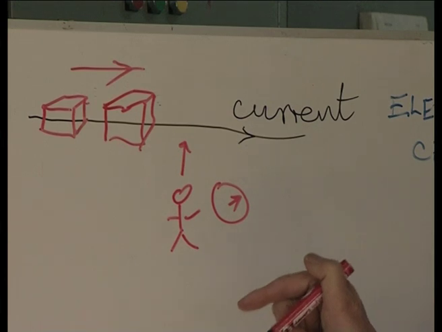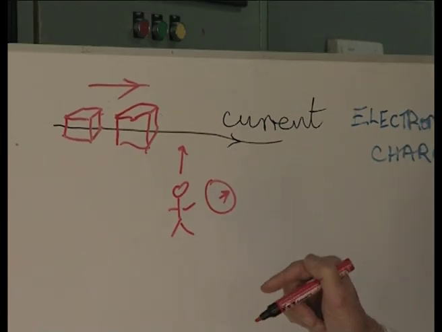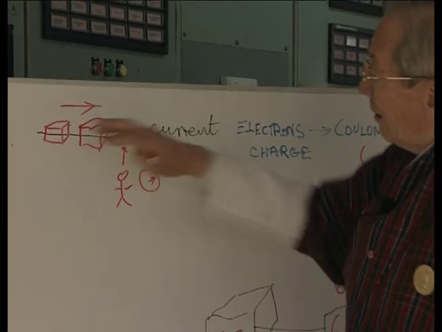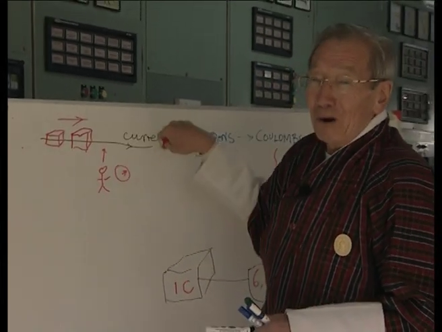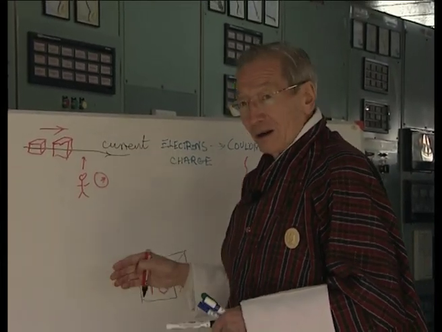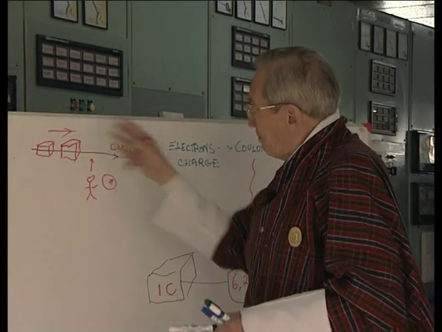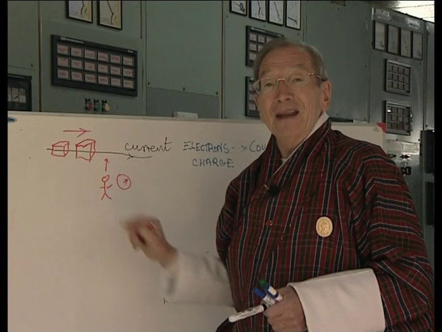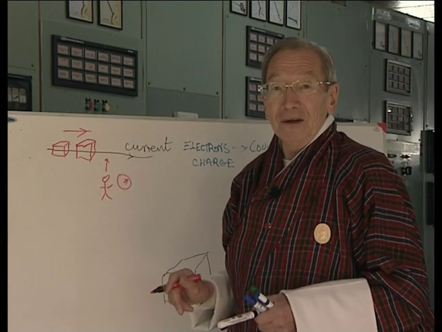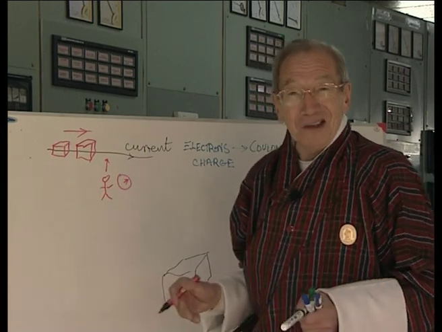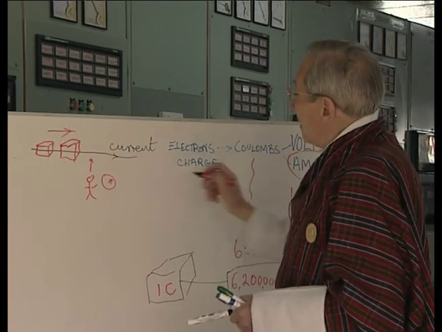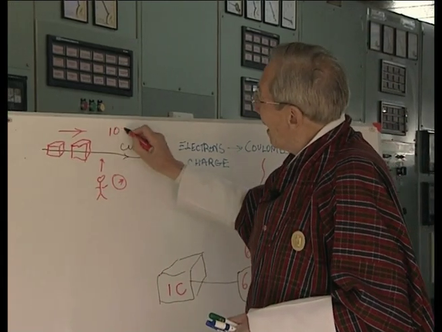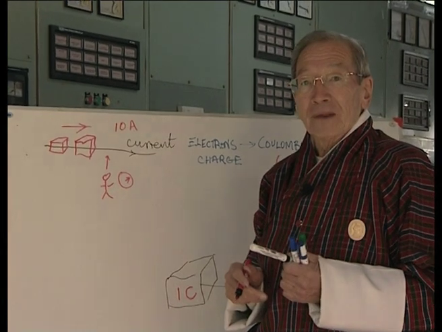An amp means a coulomb per second. Let's say 10 boxes were going past in a second. Go, stop. 10 boxes went past. That would be 10 coulombs per second. A coulomb per second is called an amp, so that would be a current of 10 amps.